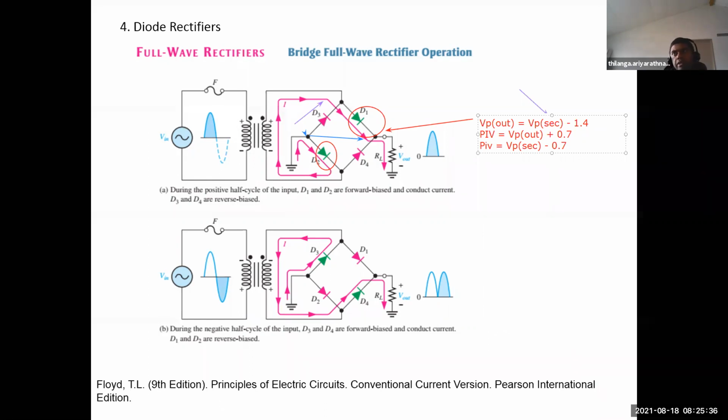Cool, guys. Okay, now that is how we explain it. Okay, just take a bit of time, guys, and see whether you can understand it.